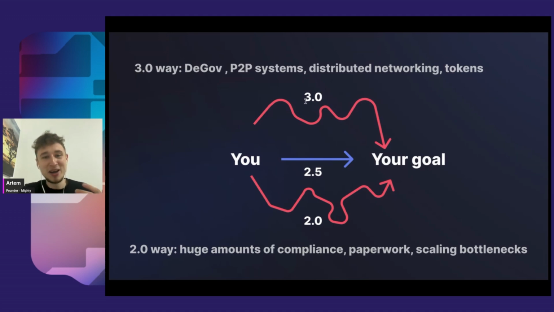You have decentralized governance, you have to establish distributed networking, you have to create peer-to-peer systems for your community to interact with each other, you need to implement tokens and governance models, which is very, very hard on its own. And sometimes combining these two things is the best way forward.